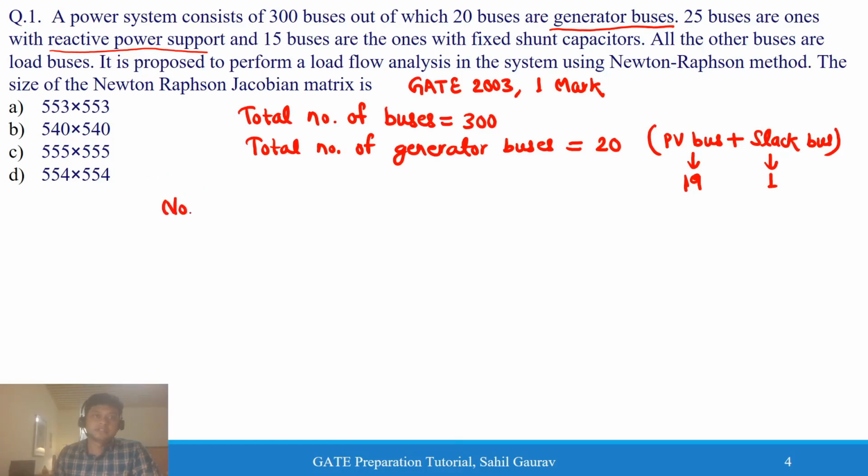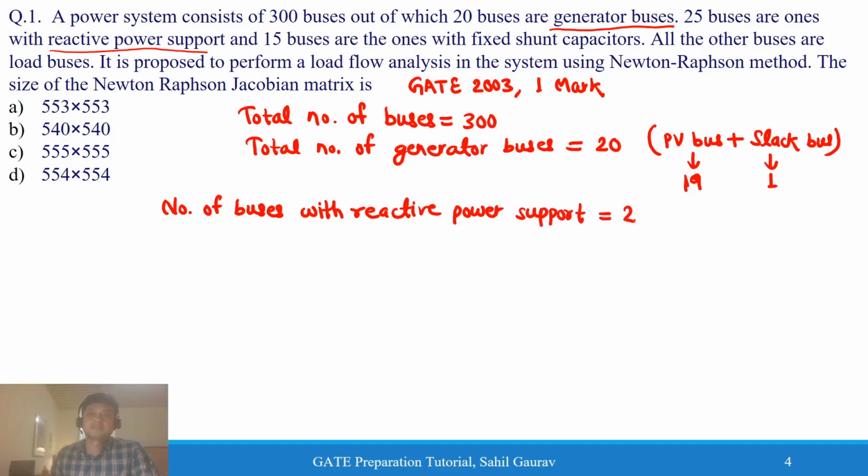The number of buses with reactive power support is given as 25.